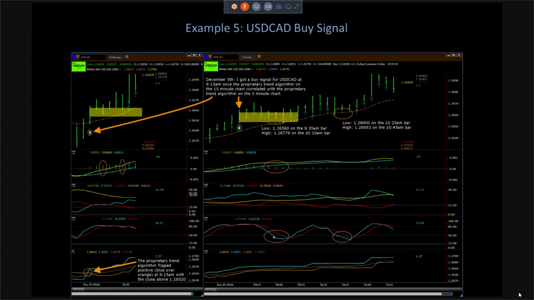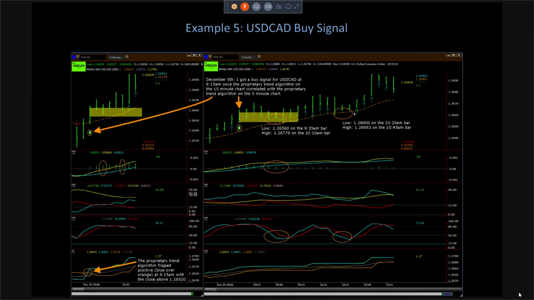Beautiful positive divergence. It got oversold into the MACD. You can see the buy signal right here. Beautiful positive MACDs on both the 5 and the 15. It got oversold, beautiful pattern, and it ran about 22 pips here.